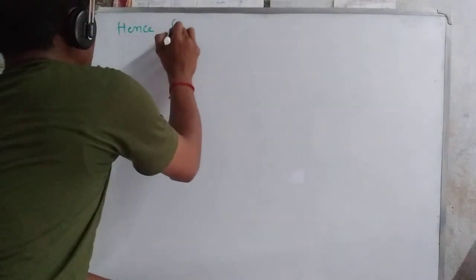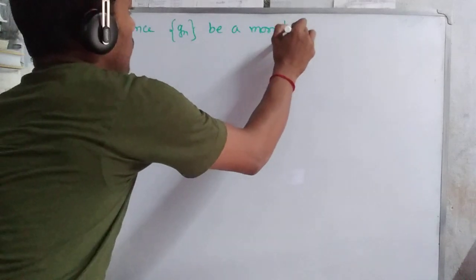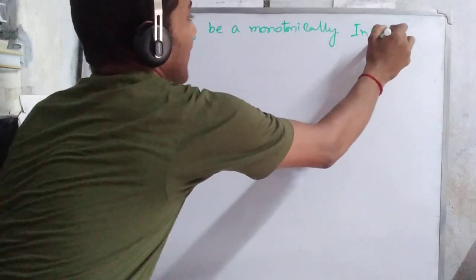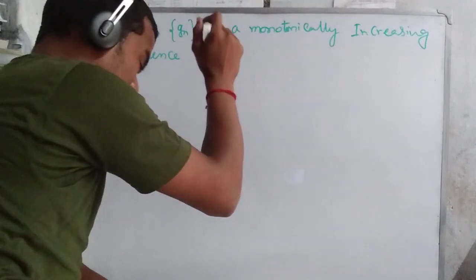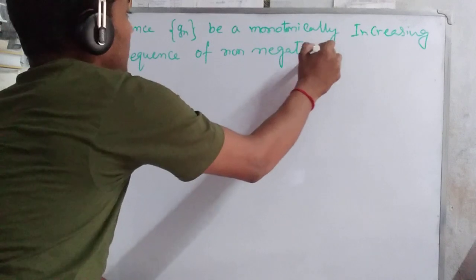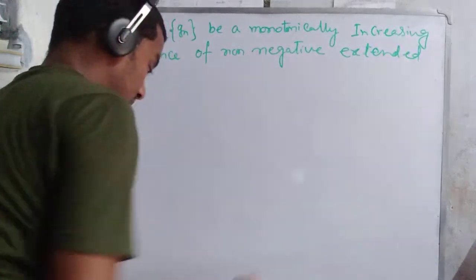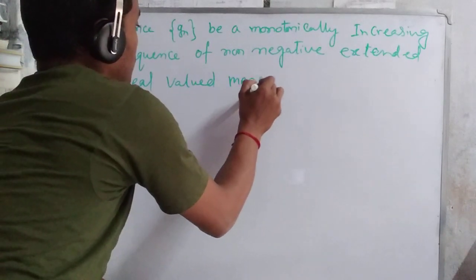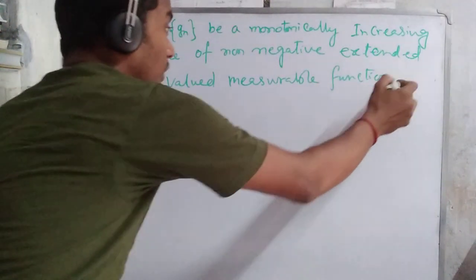Hence Gn be a monotonically increasing sequence of non-negative extended real valued measurable function on E.